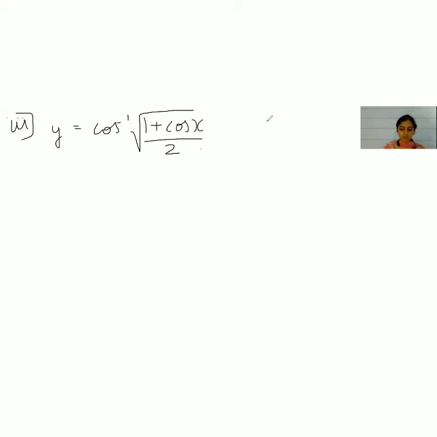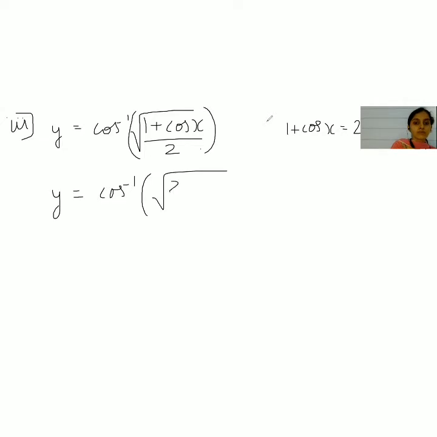So what can we write about 1 plus cos x now? 1 plus cos x is equal to, I'm writing the formula here, 2 cos square x by 2, right? So y is equal to cos inverse root of 2 cos square x by 2 divided by 2.